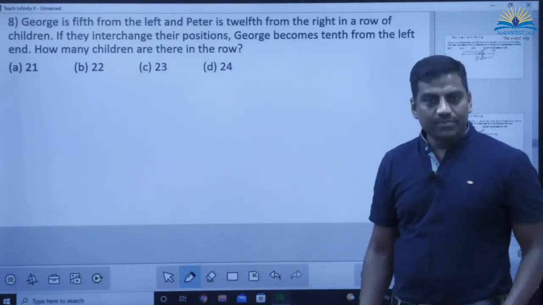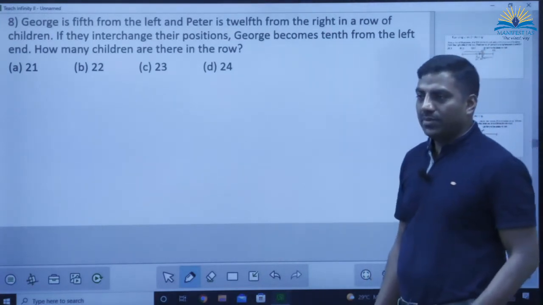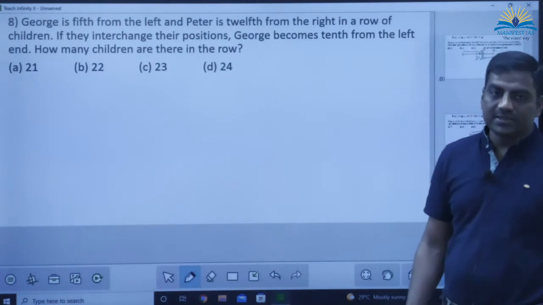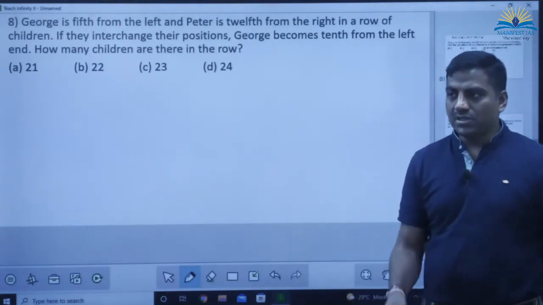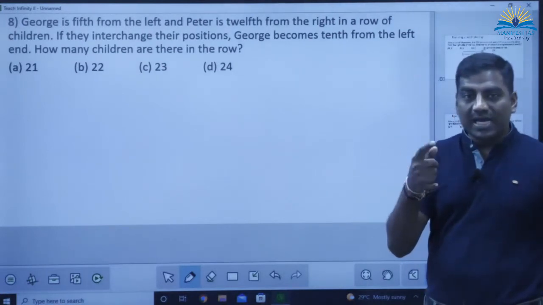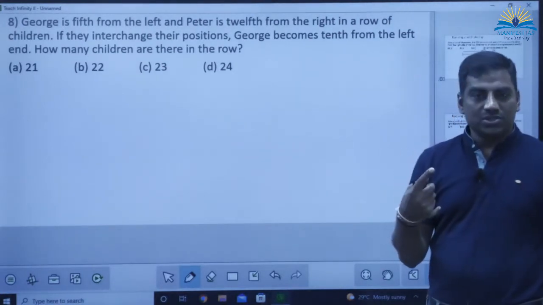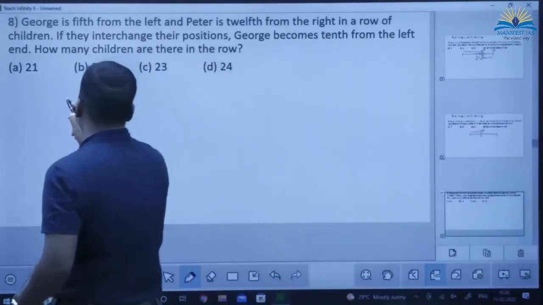Isn't it the third data? First data is George's position from left, Peter's position from right is the second data. Third data is what happens when they interchange their positions.